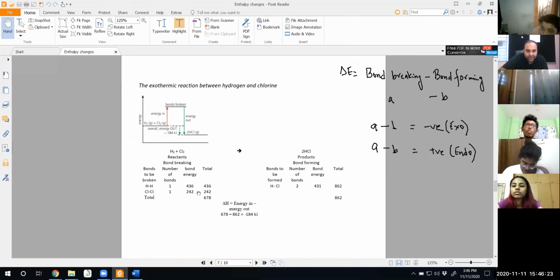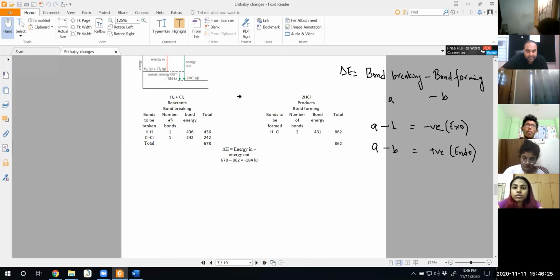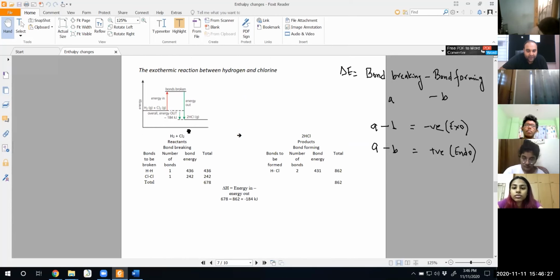Here we have done the calculation. It's an example from the O-level book, which you already studied. The reaction is hydrogen plus chlorine gives us 2HCl. The bonds to be broken in the reactant part are H-H and Cl-Cl.